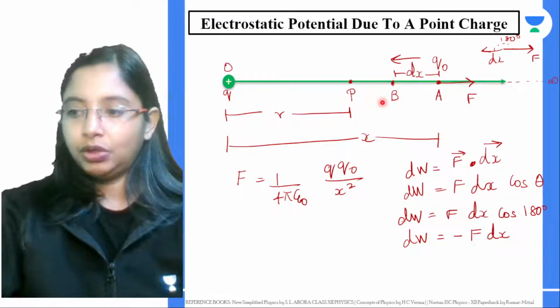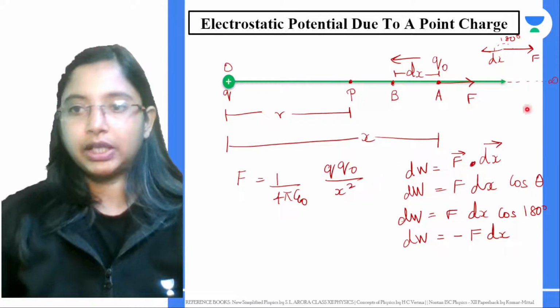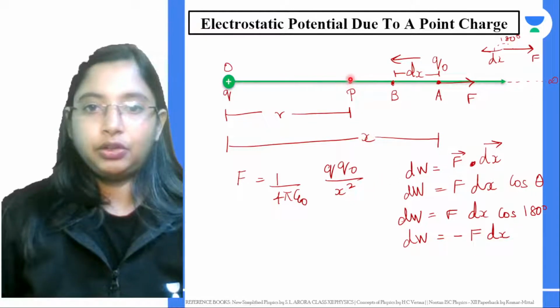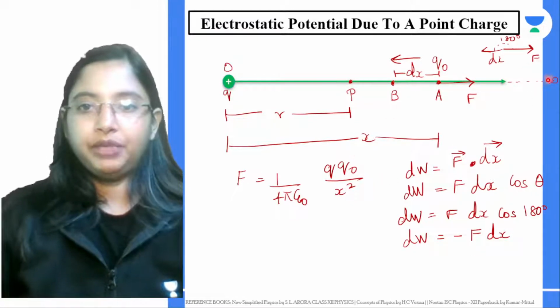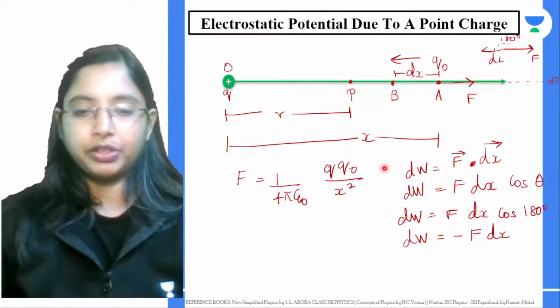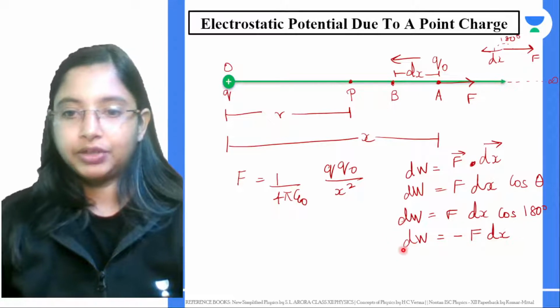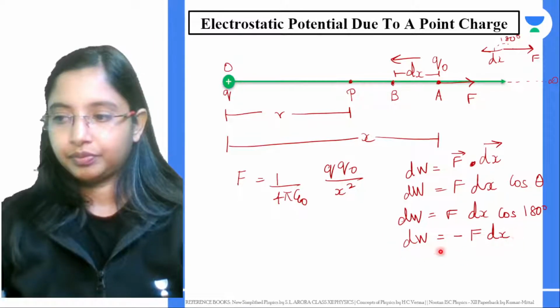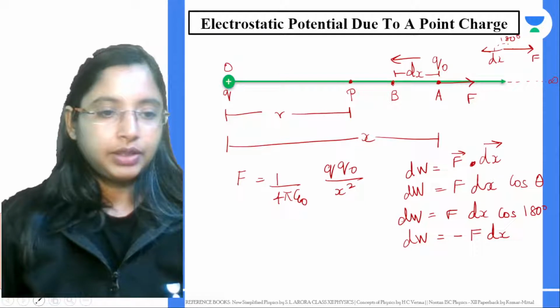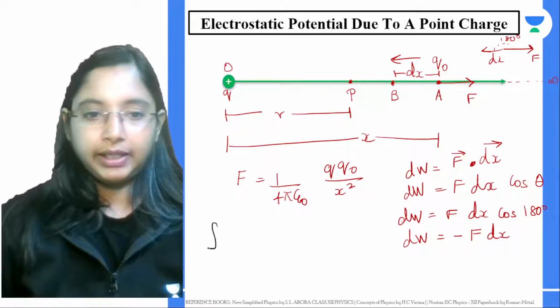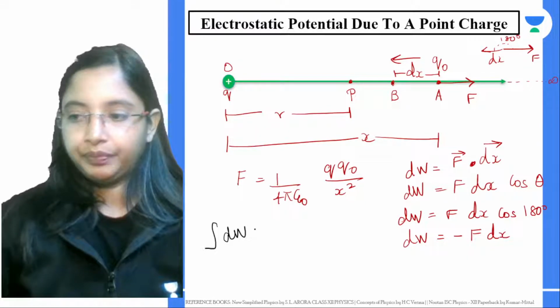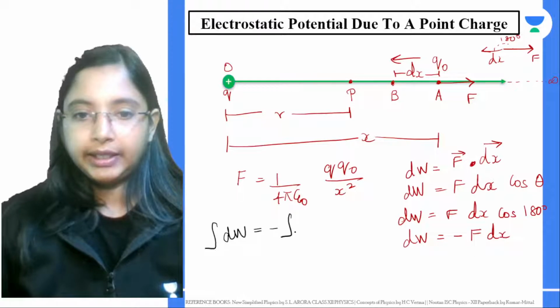From here, if you want to find the total work done in moving the charge from infinity to this point B, what will it be? From infinity, you're moving this charge to point B. That will be the integration of this quantity, so basically integrating dW, and integrating F dx.